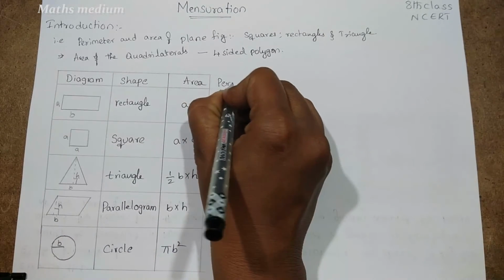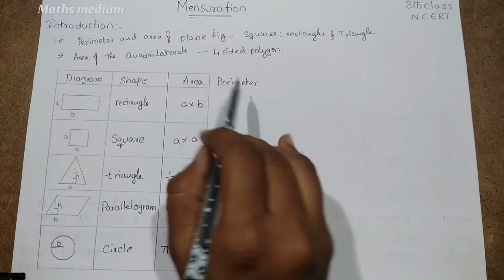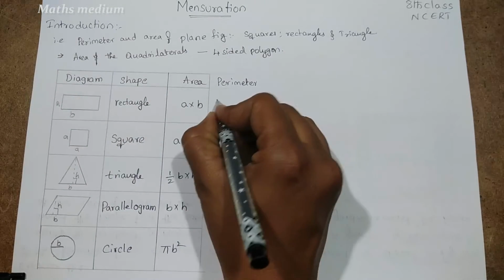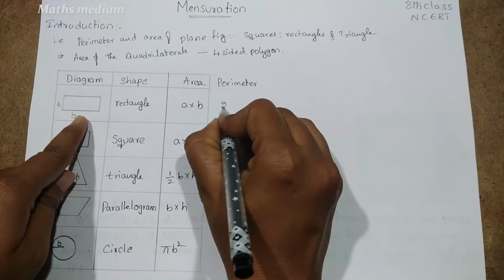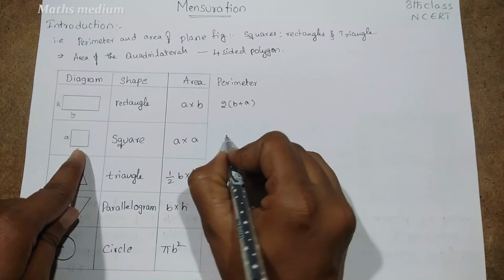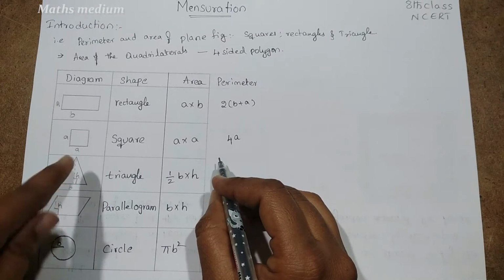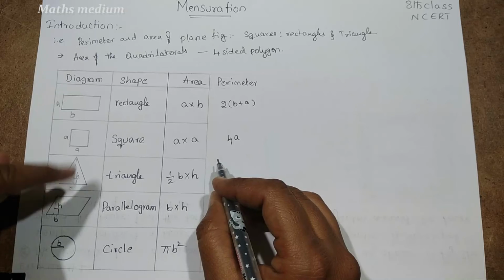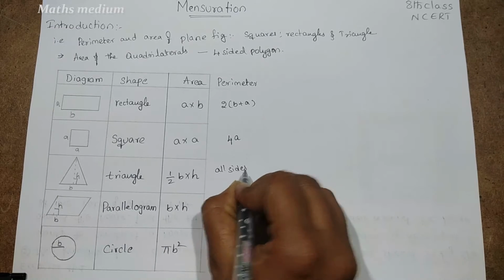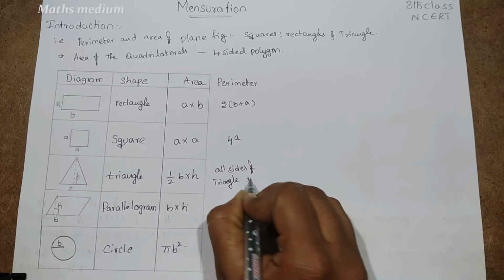But coming to the perimeter, we know what a perimeter is. If you count all sides, that is called perimeter. So in a rectangle we have opposite sides equal, right? So it can be written as 2 into (b plus a). In a square we have all sides equal, so that's why 4a. In a triangle, if you take the sides as a, b, c, we can count all sides of a triangle, the sum.